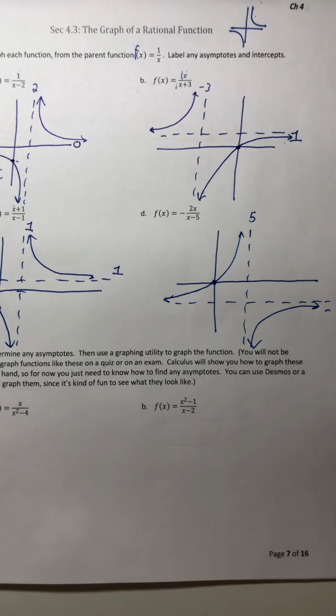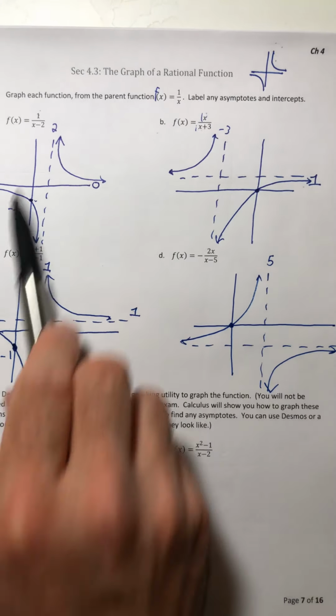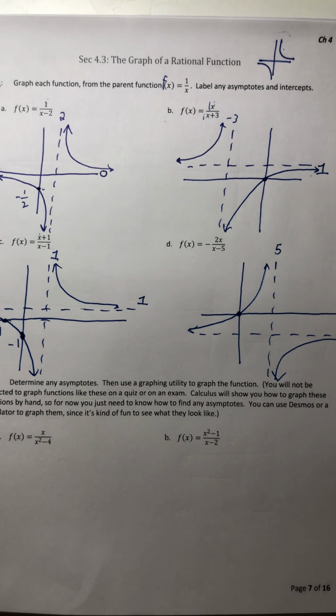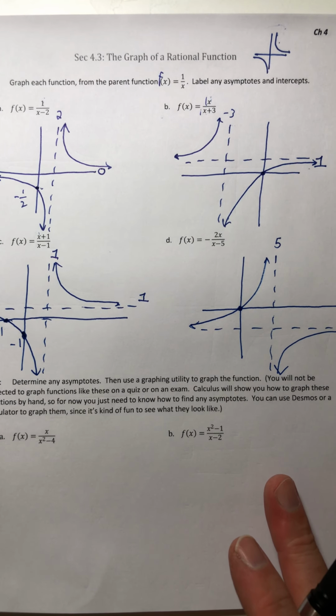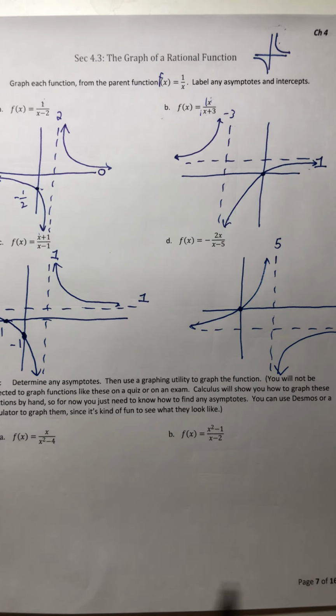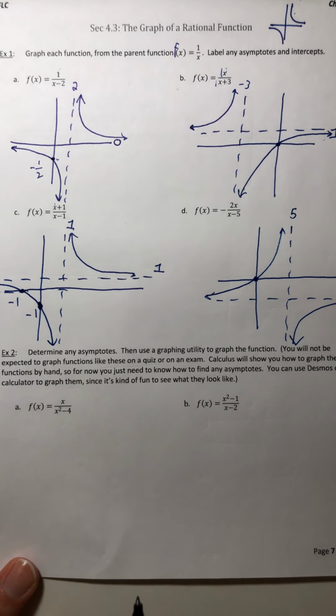Okay, so you're going to be expected to graph things just like this, nothing more complicated really. Even ones with obliques, that's going to be saved for calculus. So I'm not going to ask you to graph those, but you still have to know how to find them.